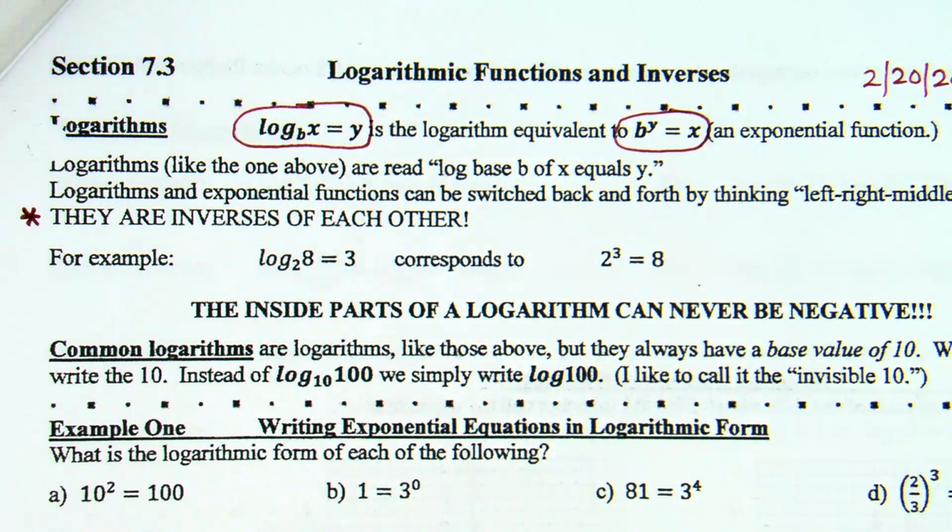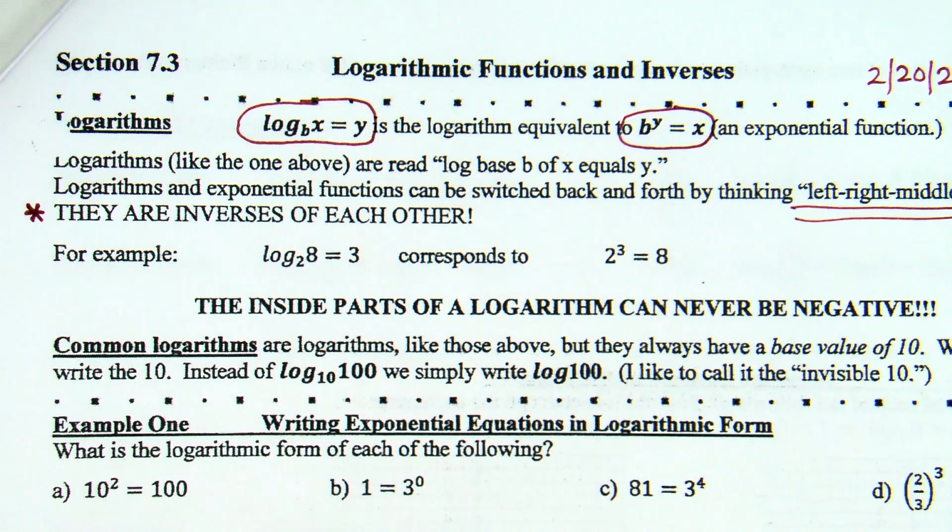The big thing we're talking about is that they can be switched back and forth by thinking left, right, middle. If you ever see me write LRM on your paper, on a test, on a quiz, or in my notes, it stands for left, right, middle. It's just a memory phrase to help us go from log form to exponential form.